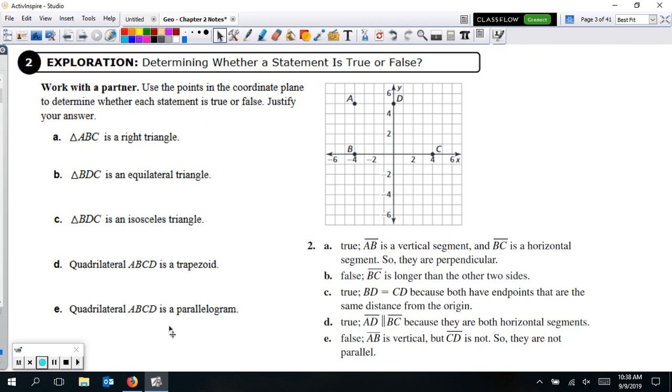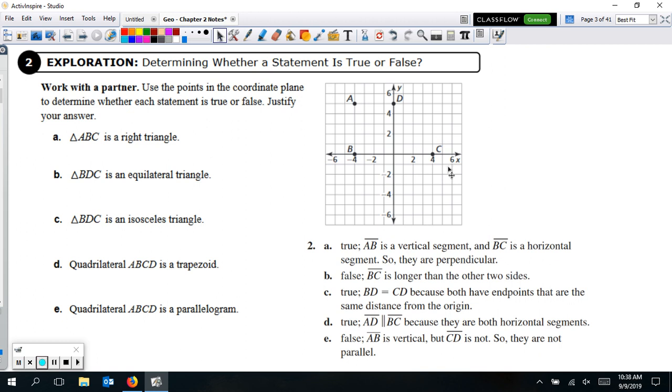E says that the same quadrilateral is a parallelogram. We need to remember, what does a parallelogram mean? A parallelogram means that both pairs of opposite sides are parallel. So not only do AD and BC have to be parallel, but these two have to be parallel as well. AB is a vertical line, and this is not a vertical line, so those are not parallel.